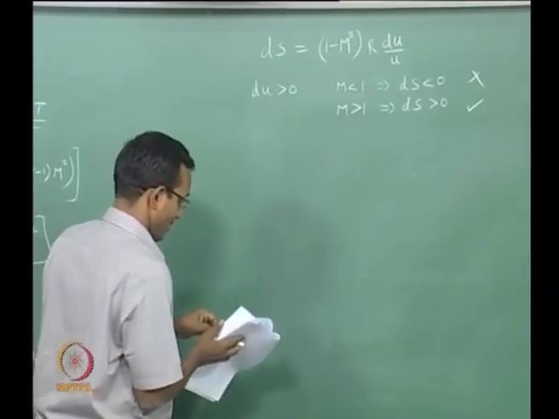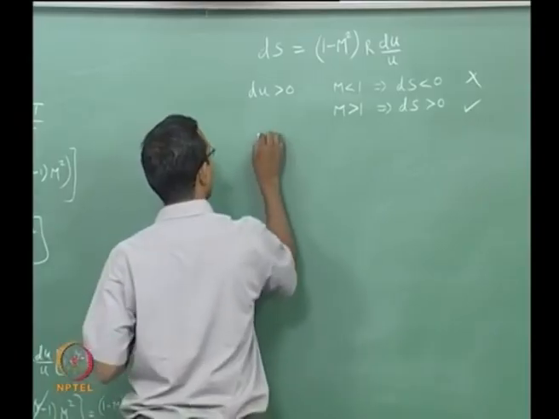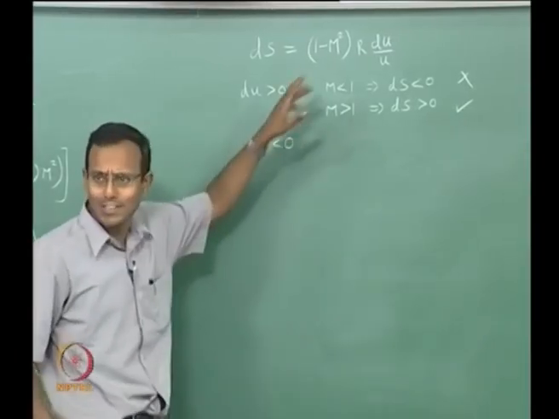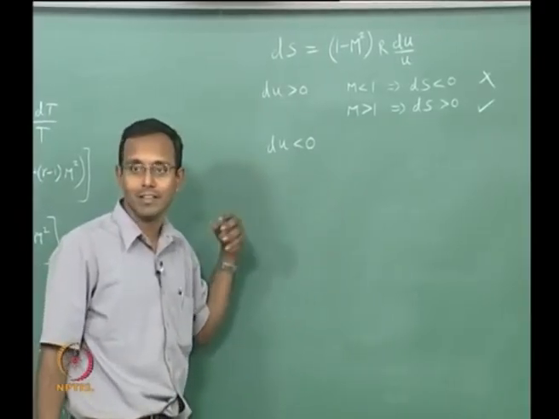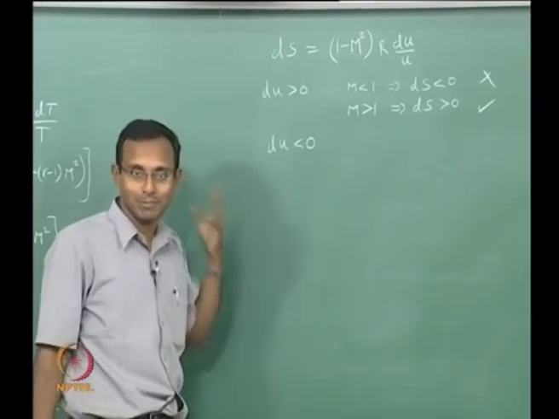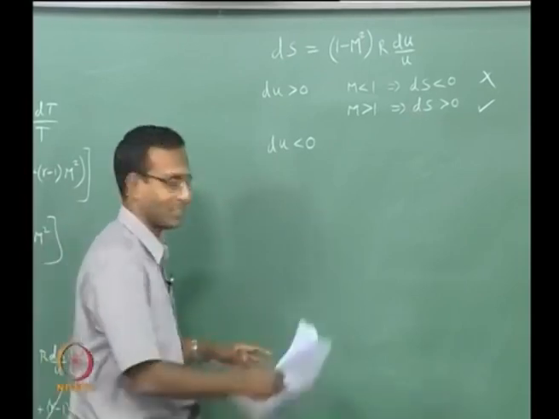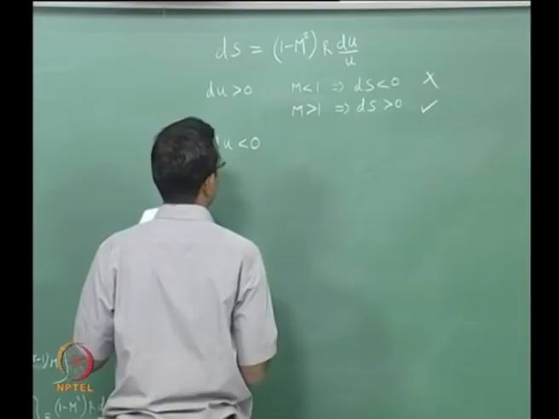And similarly, if we look at du less than 0. If du is equal to 0, all those delta terms will be 0. d rho by rho will be 0, dt by t will be 0, dp by p will be 0, ds by s will be 0. If there is no change, then I do not need to discuss any of this. We will consider there is always change, there is no du equal to 0 case.